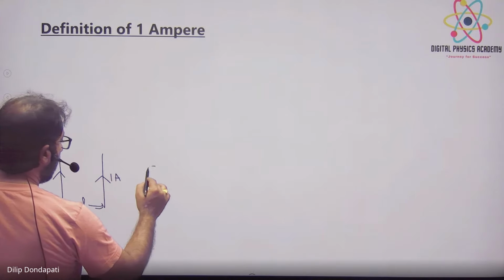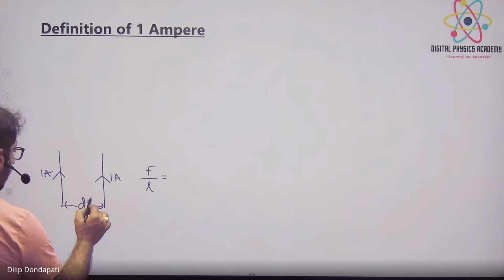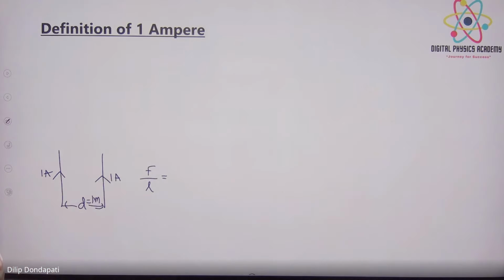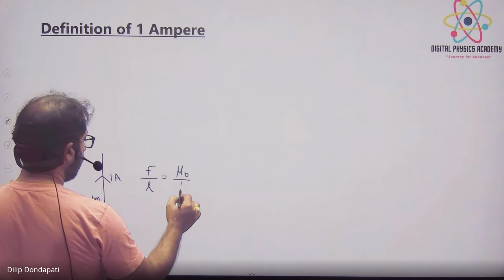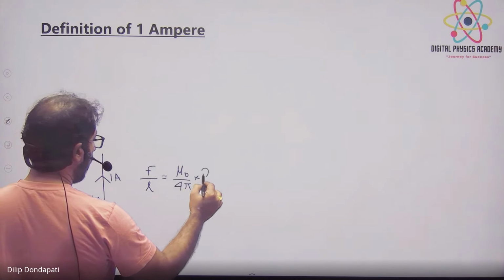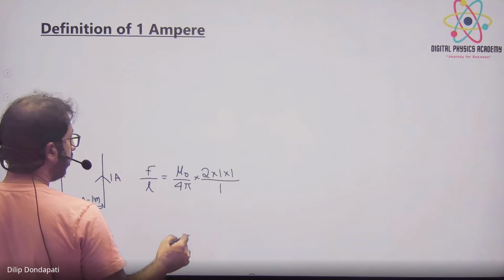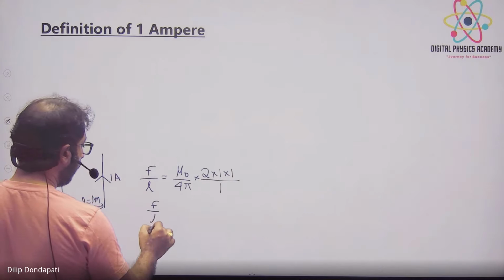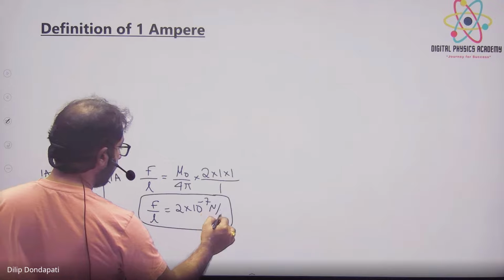Tell me the force per unit length when d is also 1 meter. Mu naught by 4 pi into 2, I1 is 1, I2 is 1, separated by distance also 1. So how much will it be? Force per unit length is 2 into 10 power of minus 7, newton per meter.